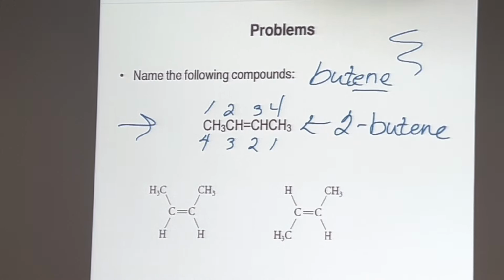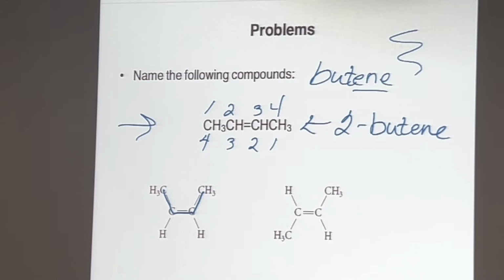Is everybody okay with this? This is 2-butene. All right, the one on the bottom left, the longest continuous carbon chain is how many carbons? 4. So you can see without picking up your pencil that you've got 4 carbons there.